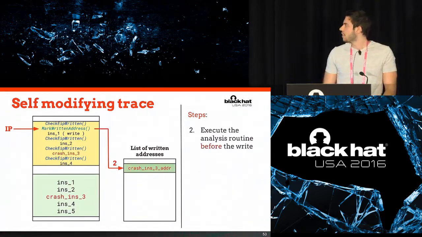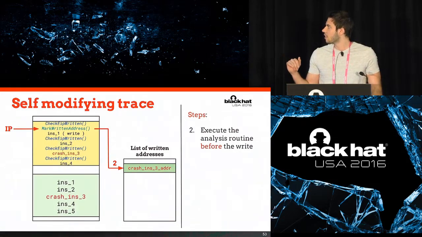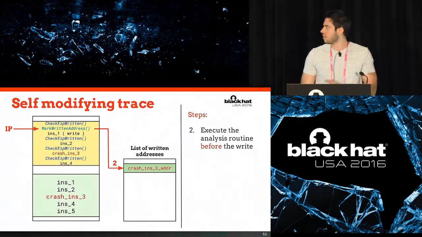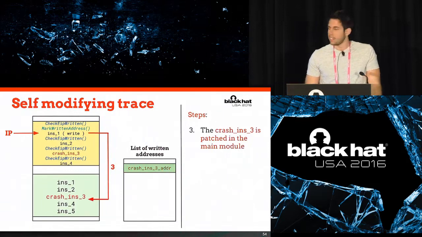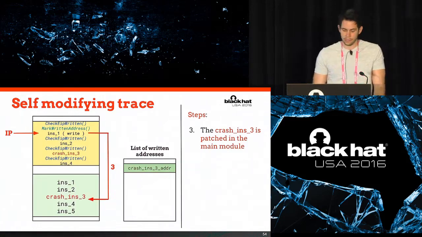So, rerunning the example from before, we can see that the first analysis routine can correctly get the target of the write and insert this address into our list. Then the operation is executed as before, and the problematic instruction is patched in the main module.